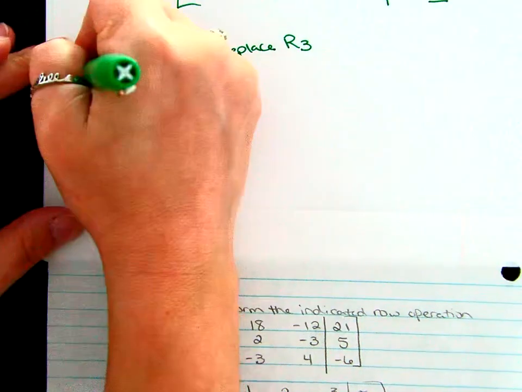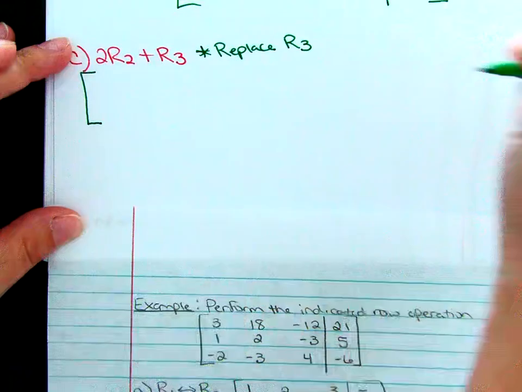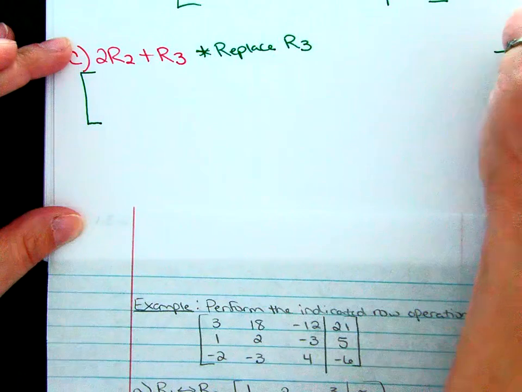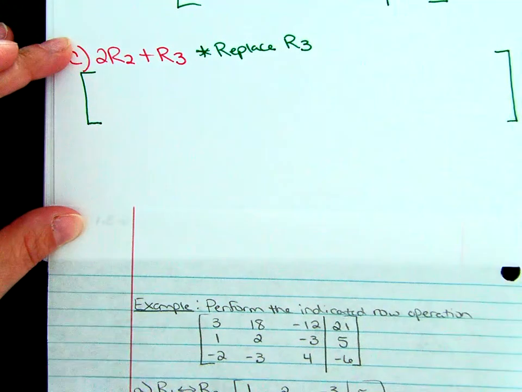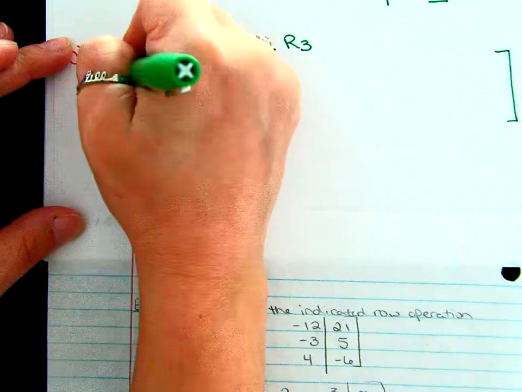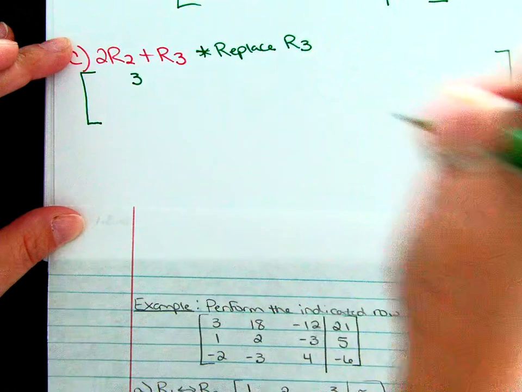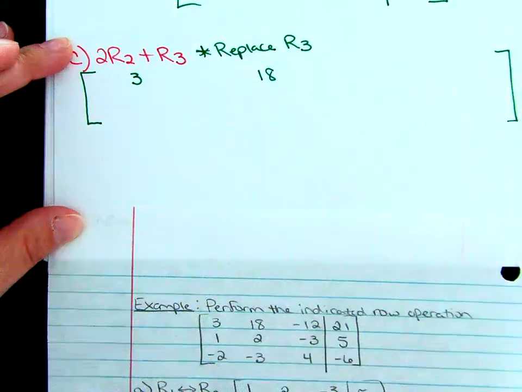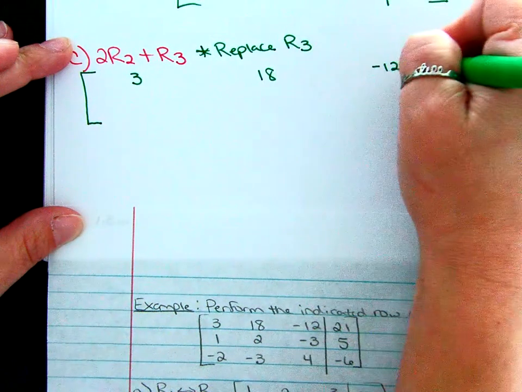I'm going to make my matrix a little bit bigger this time. So row 1 was 3, 18, negative 12, and 21.